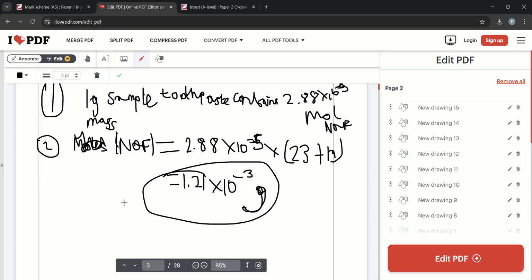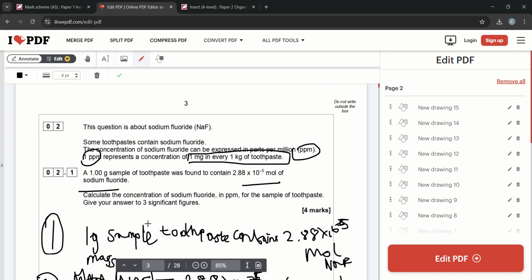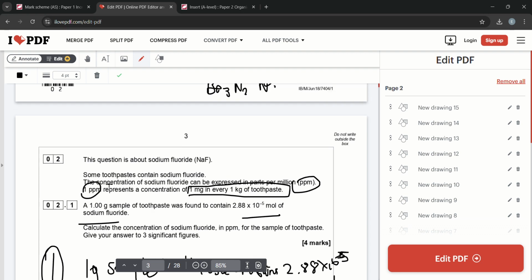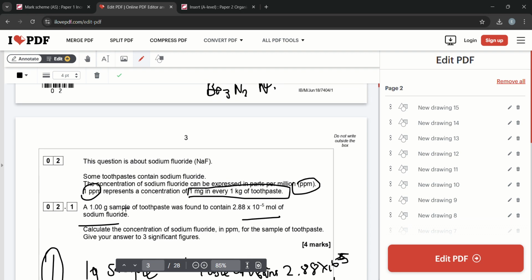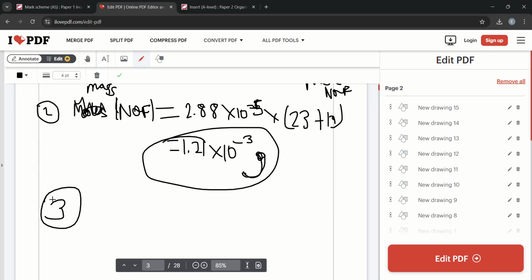Now what do we want to find? 1 ppm represents a concentration of 1 milligram in every 1 kg of toothpaste. So we want to get into milligrams. To go from grams to milligrams, we times by 1,000.